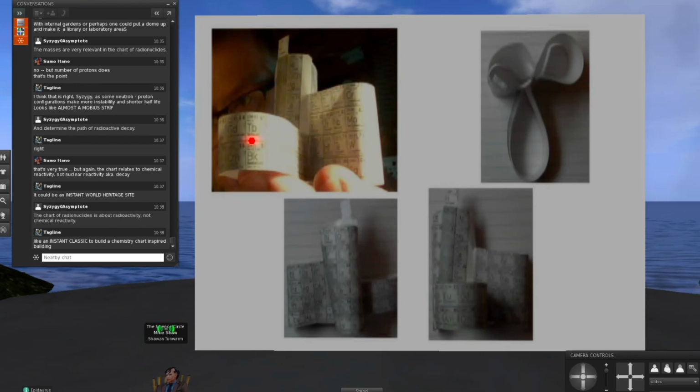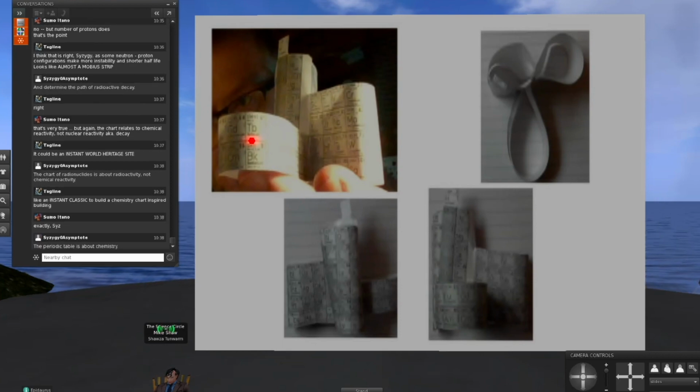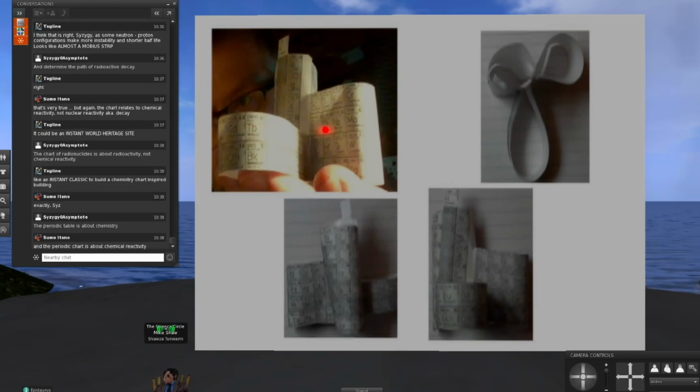In Second Life, our buildings do not have to be supported by pillars or anything. They can have some crazy looking engineering. So I was really thinking of a Guggenheim looking building with this sort of thing upside down.